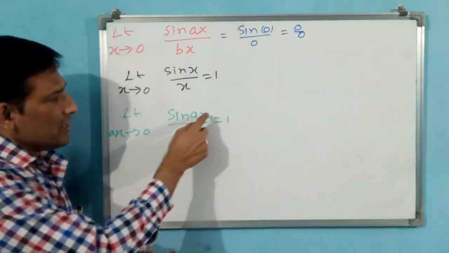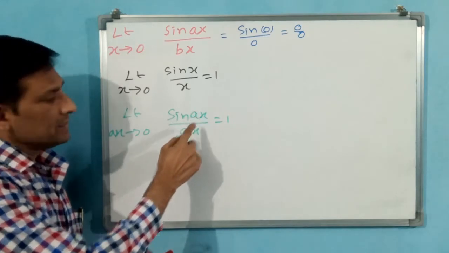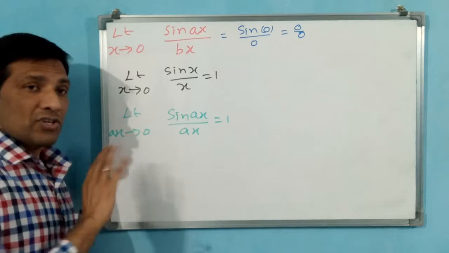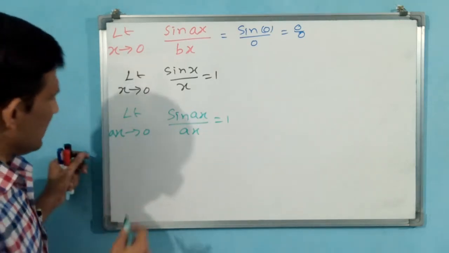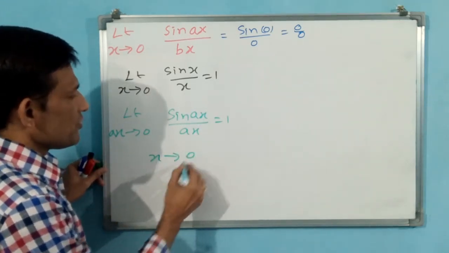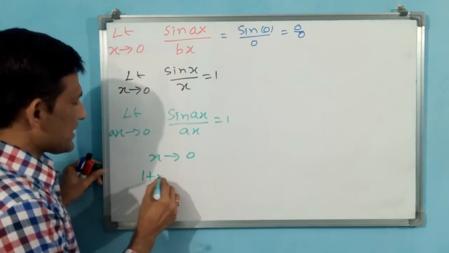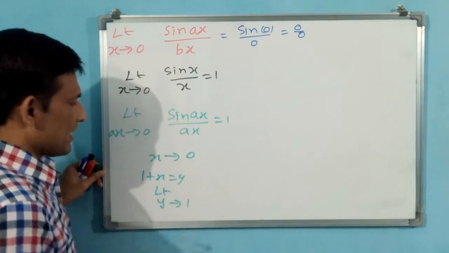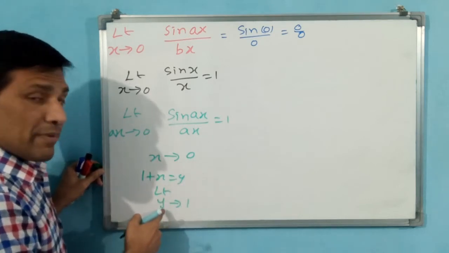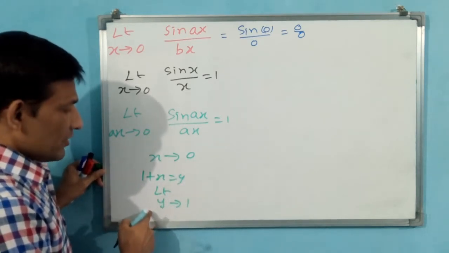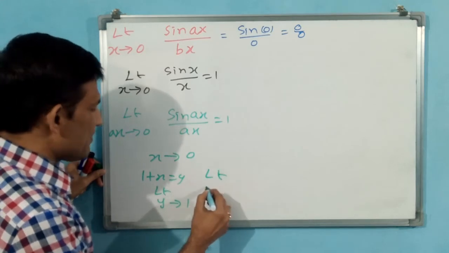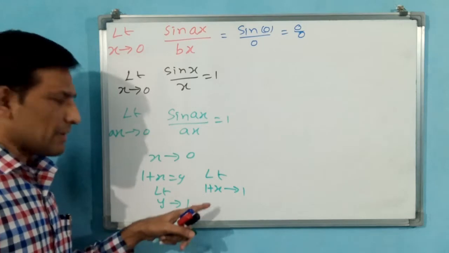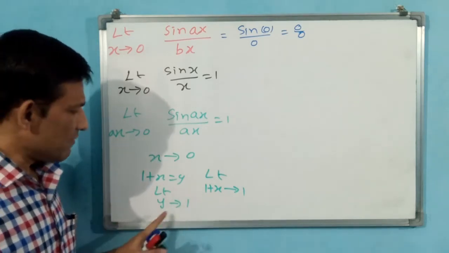Why? Because see here, this entire thing you treat as x, and the entire thing here also x should come. Here also the limit should come as ax. Why? Because when limit x tends to 0, if you take 1 plus x as y, then limit y tends to 1. You are just doing limit 1 plus x tends to 1, because y is x plus 1 and y tends to 1.